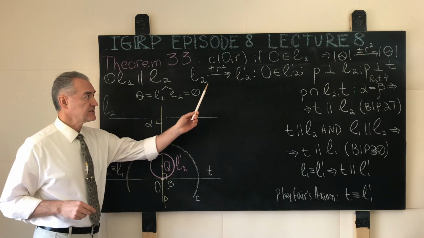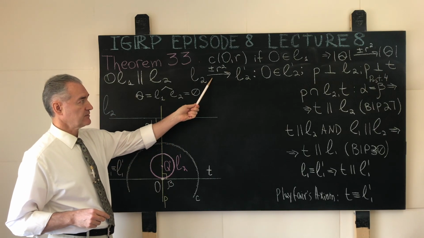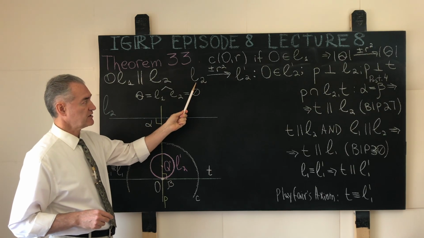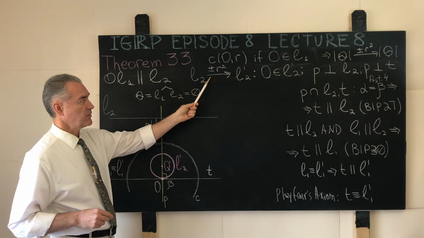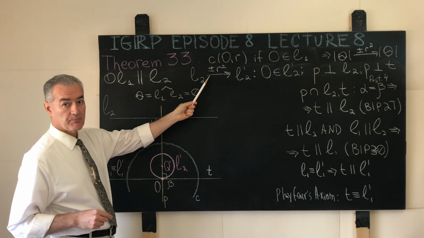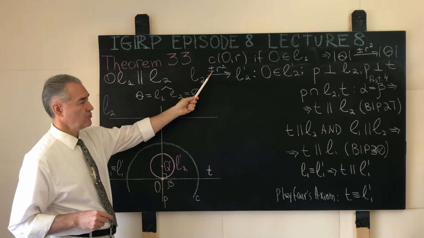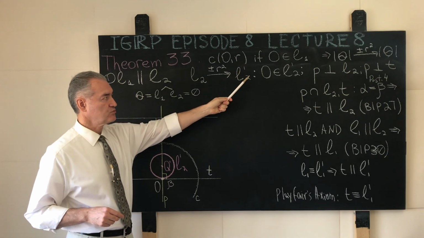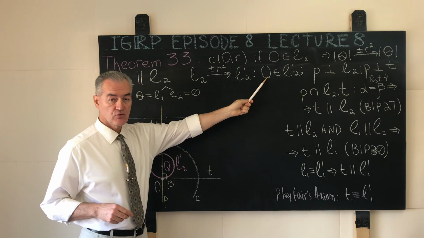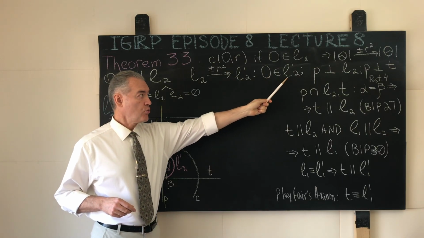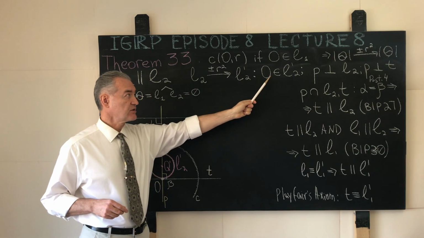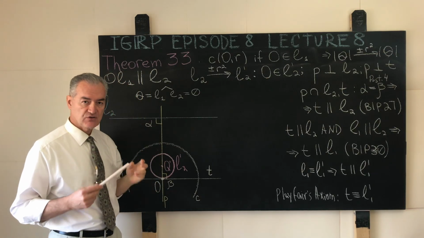I symbolize this fact with this manipulation over here. The straight line L2 is taken by the corresponding inversion, whether the power of that inversion is positive or negative, into a circle named L prime 2, such that the center of inversion belongs to, or the circle L prime 2 passes precisely through the center of inversion.